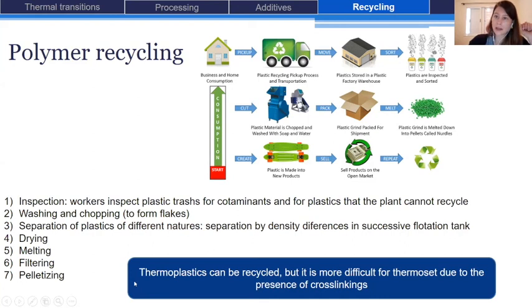For thermosets, other ways of recycling are implemented. For example, rubber is cut into small pieces, and it can be integrated into other products for civil engineering, for example materials for building, in order to increase the impact resistance or to increase the absorption of vibration of these kinds of products.